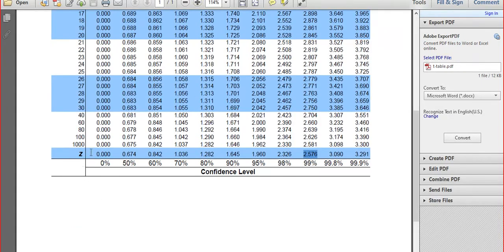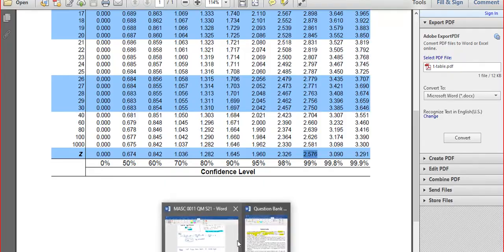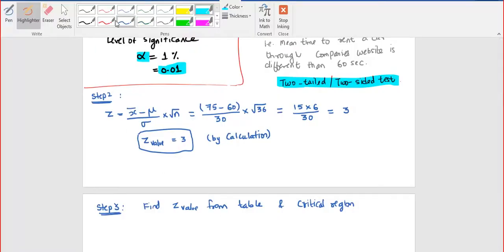So for the Z value, as we have to select one of the values, how do we select it? On the basis of the test. So it comes out to be 2.576. So we write: Z value from table is 2.576.